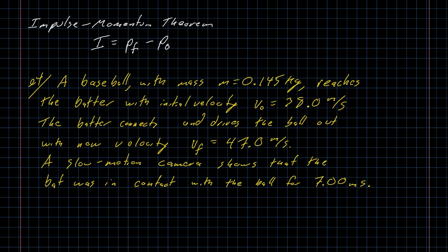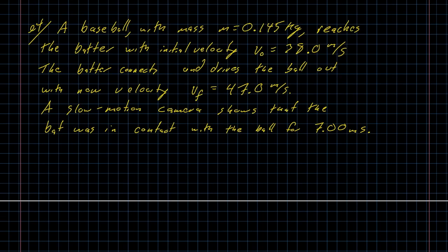A slow motion camera shows that the bat was in contact with the ball for 7 milliseconds. And we're going to look for two things here. The first thing we're going to look for is the impulse imparted on the ball by the baseball bat.